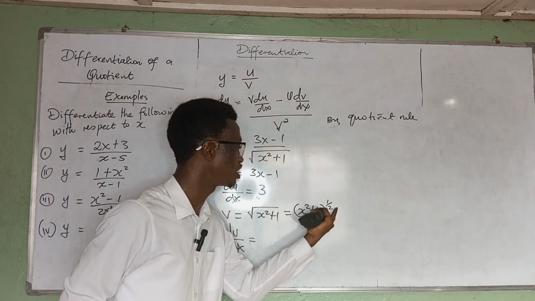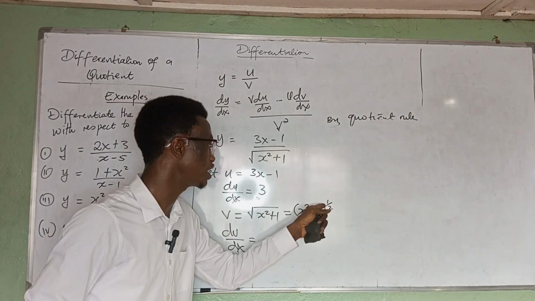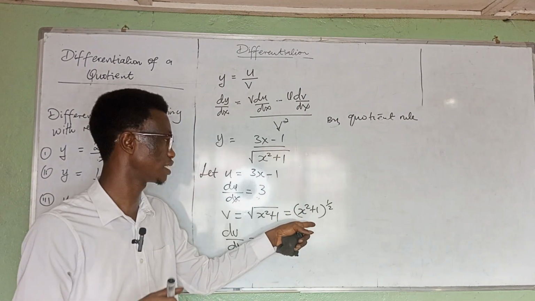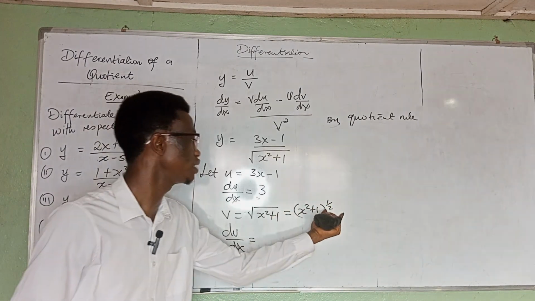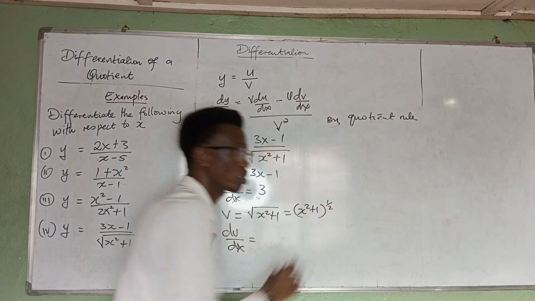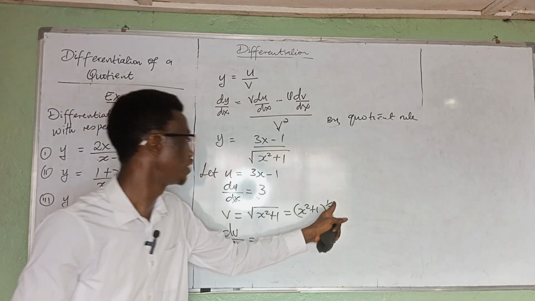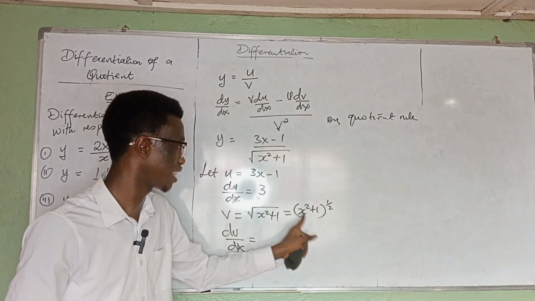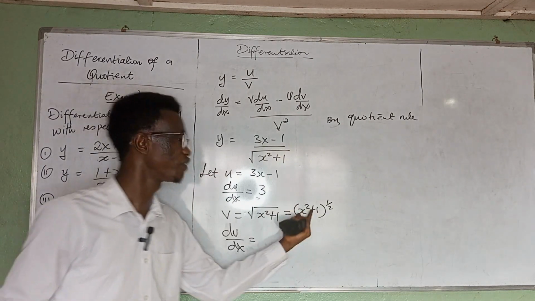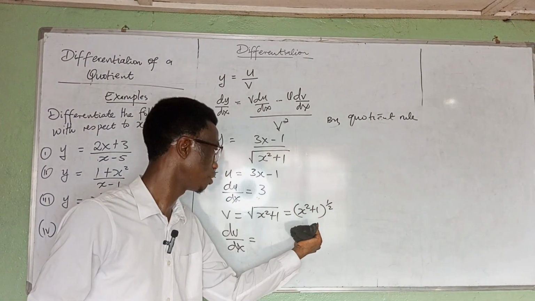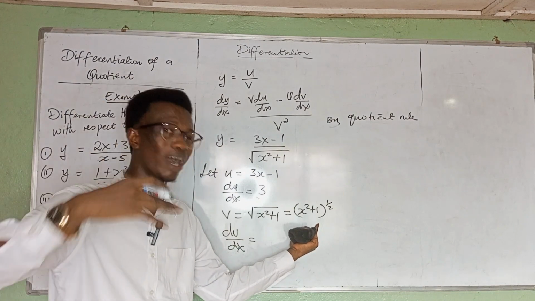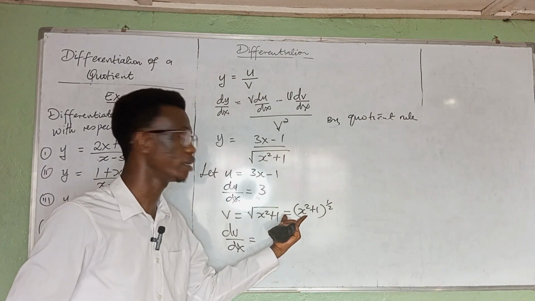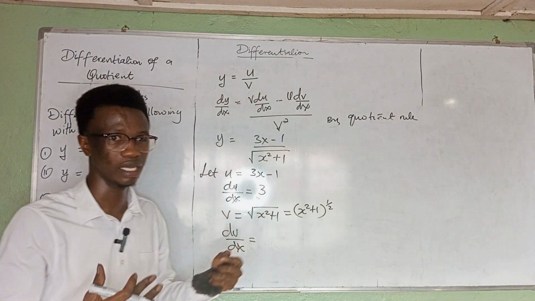Whenever you have a bracket with a power, you assume the bracket is just a letter, say y, and differentiate that first. The next thing, you differentiate what is inside the bracket.